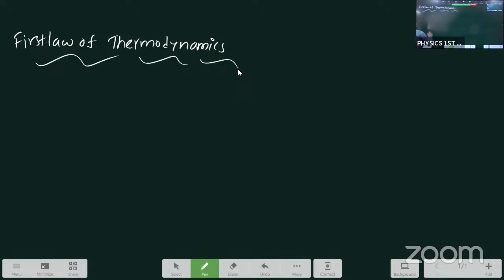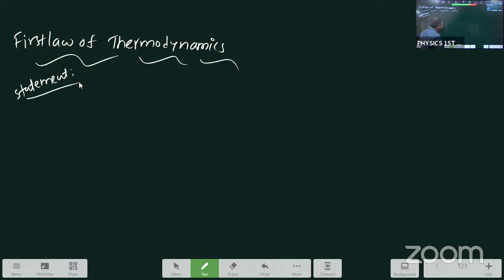In this one, the statement. You are reading this question in chemistry also. So from both subjects, chemistry and physics, this is an important question for 4 marks. They're asking: state and explain the first law of thermodynamics.